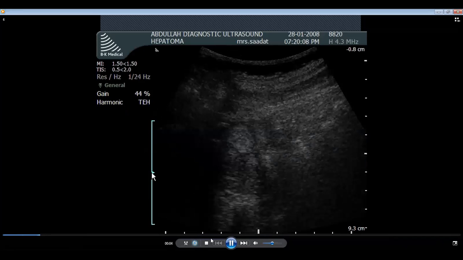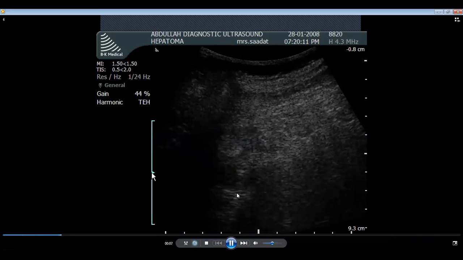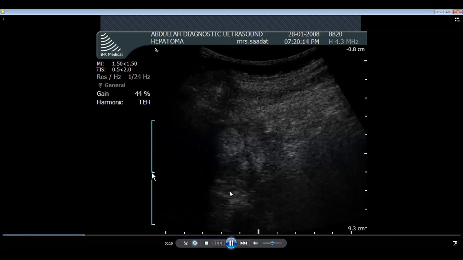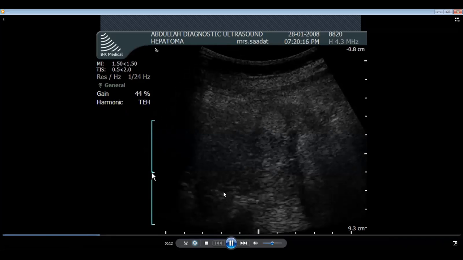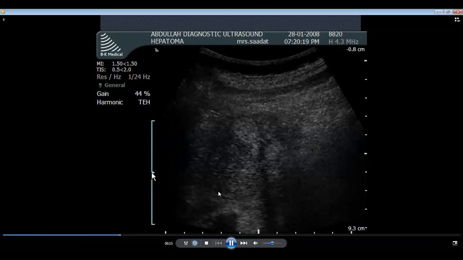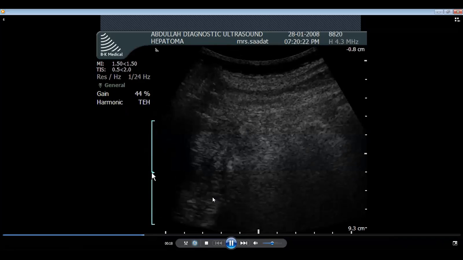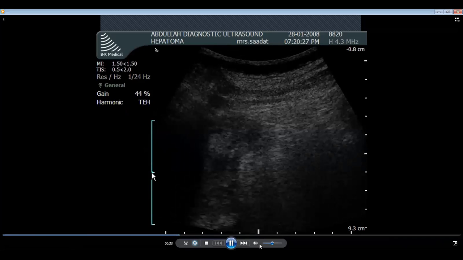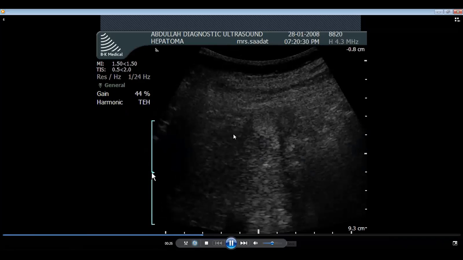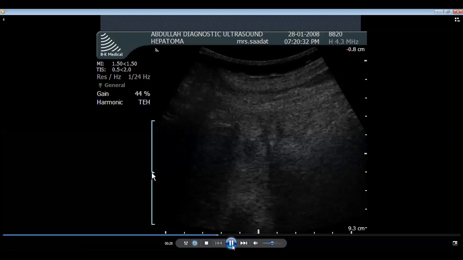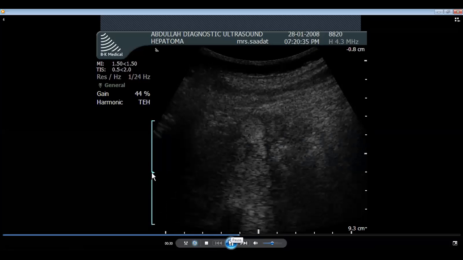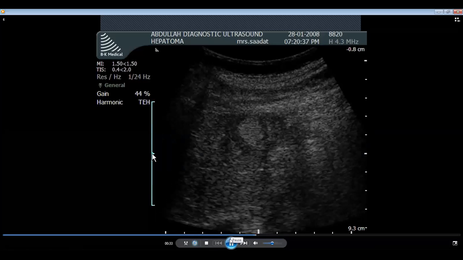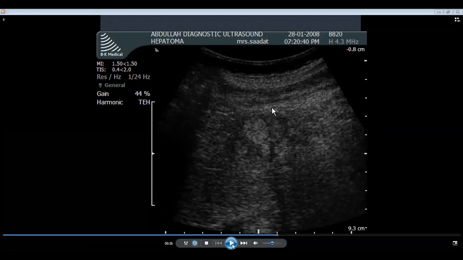Whenever we come across malignant growths, whether primary or metastatic, in the liver parenchyma, we find that these growths, as you can see this bright growth in the liver, are always surrounded by a black zone, a black halo all around.